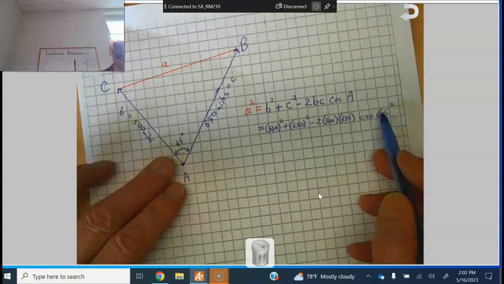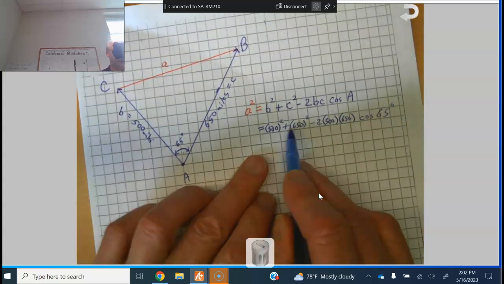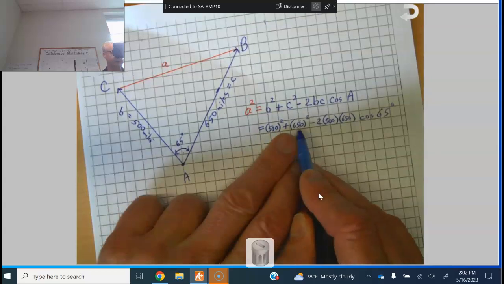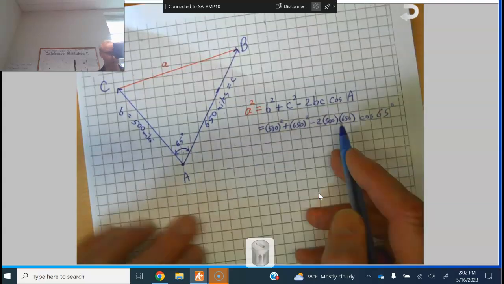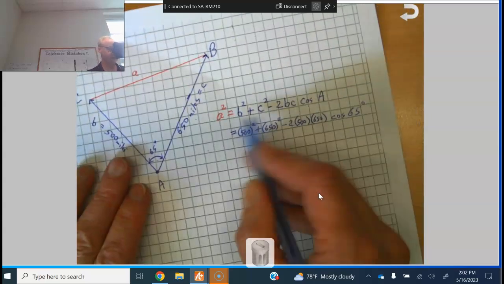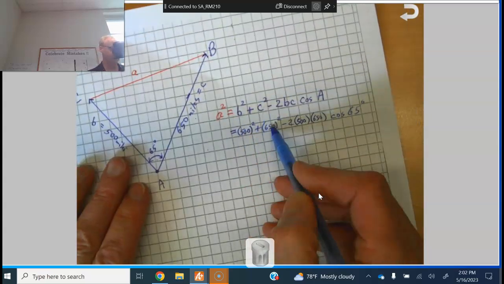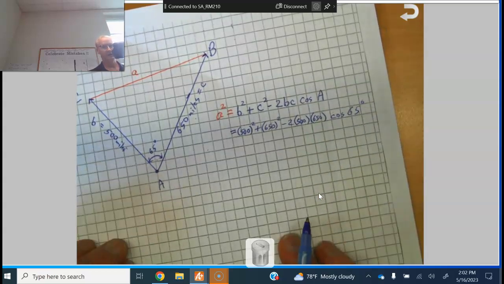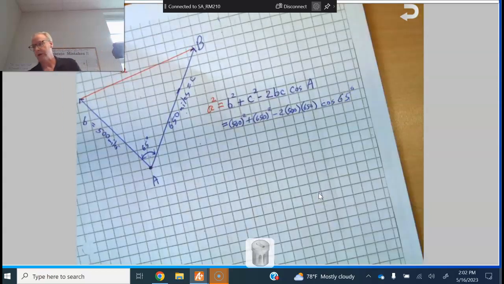What you need to be careful of is that you're going to get the 250,000 for this, and then you're going to get the 425,000 for this one. Well, I just substituted for B and C and A. I just put the values in. However, we're not going to do it that way.